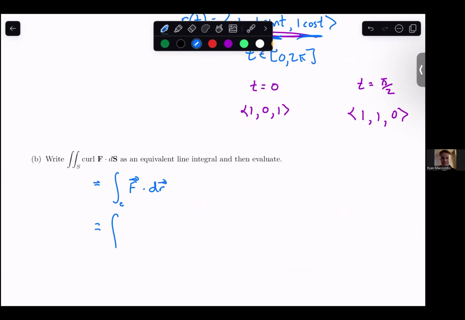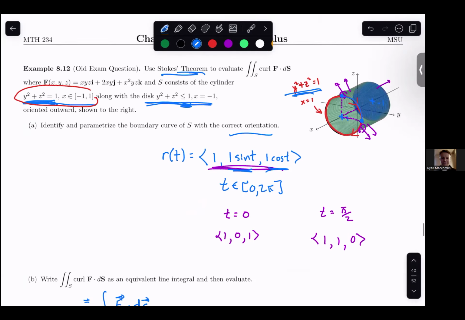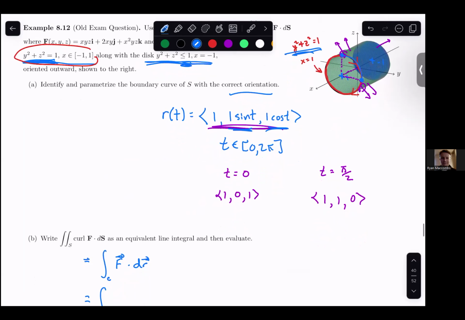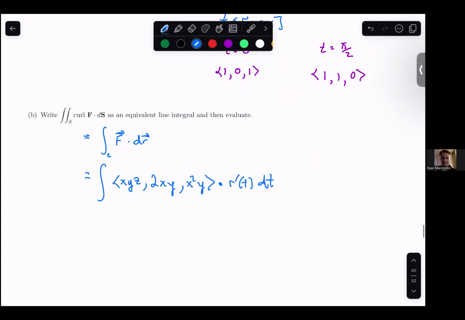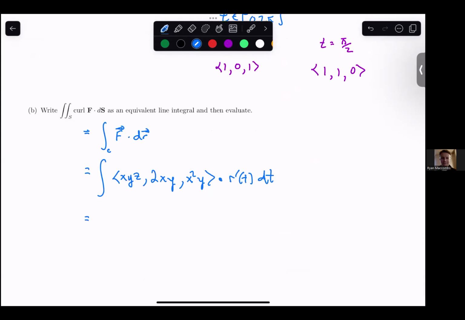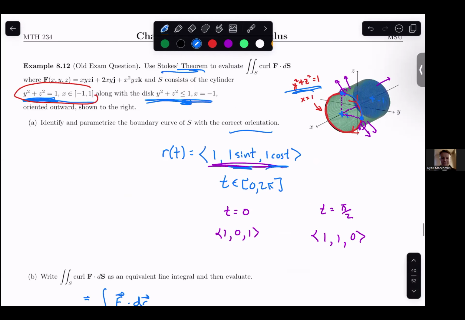So let's go ahead and start plugging in our specifics. So our vector field is xyz, the first component. Our second component was 2xy, and our third component was x squared y. Then we're going to need our r prime of t dt. And let's go ahead and start plugging in some of this stuff, right? So for our parameterization, we have this up here.